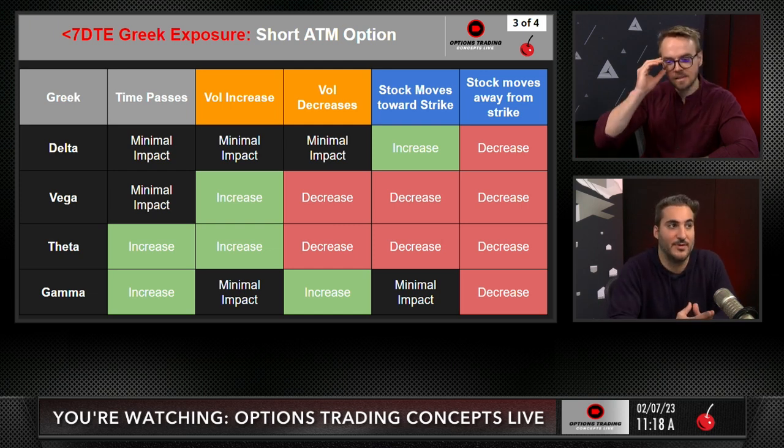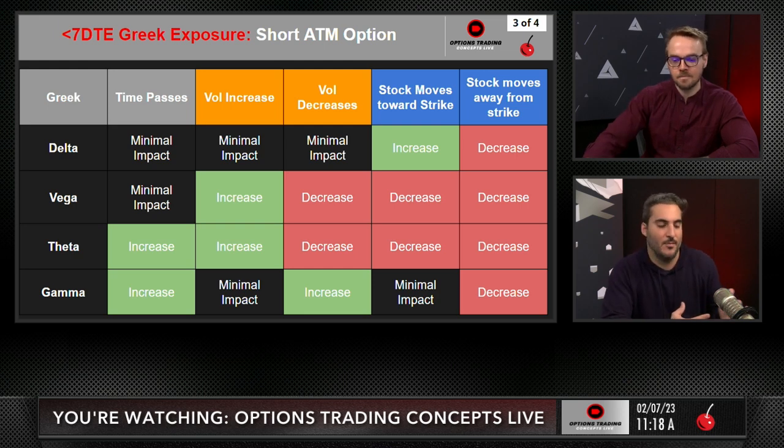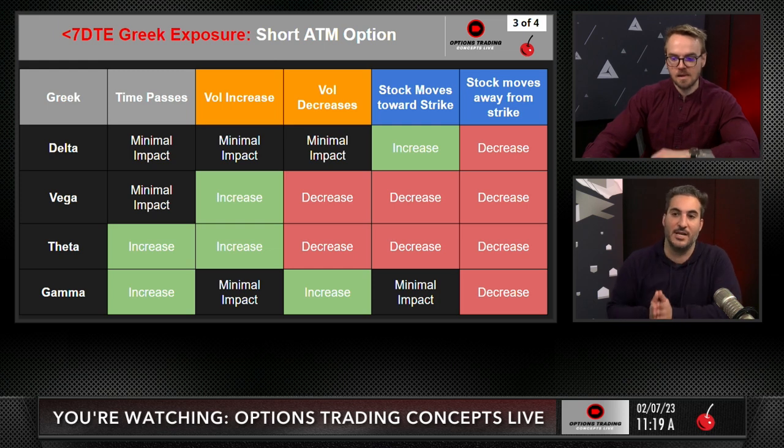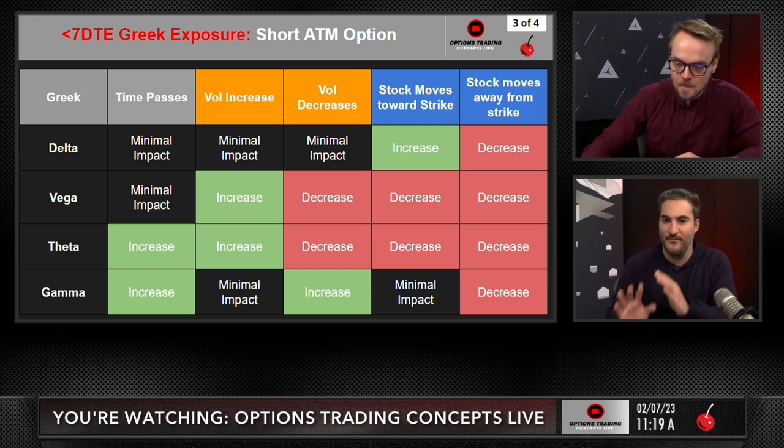So think about it this way. With at the money options, whether you're looking at 7 days or 70 days or 700 days, at the money options are always going to be right around 50 deltas. So the delta exposure doesn't depend on time directly with at the money options because they are 50 deltas.